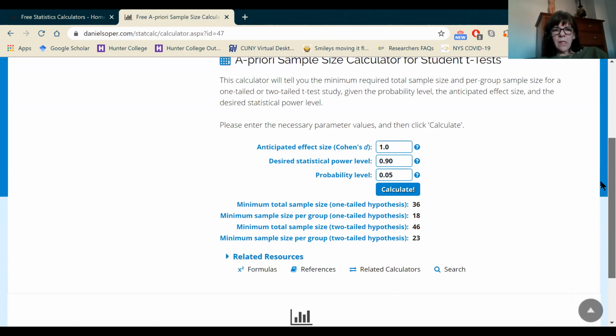And you'll see that replicating the results from G-power, if you only have a one-tailed hypothesis, or if you have the strength of a one-tailed hypothesis, your sample size per group is 18.